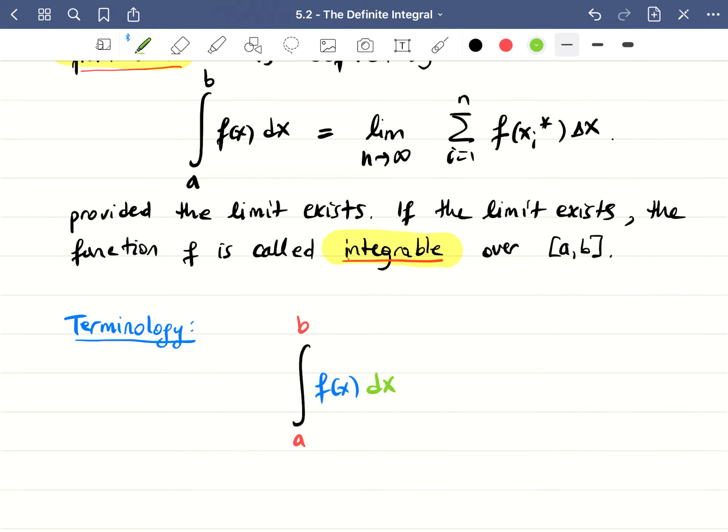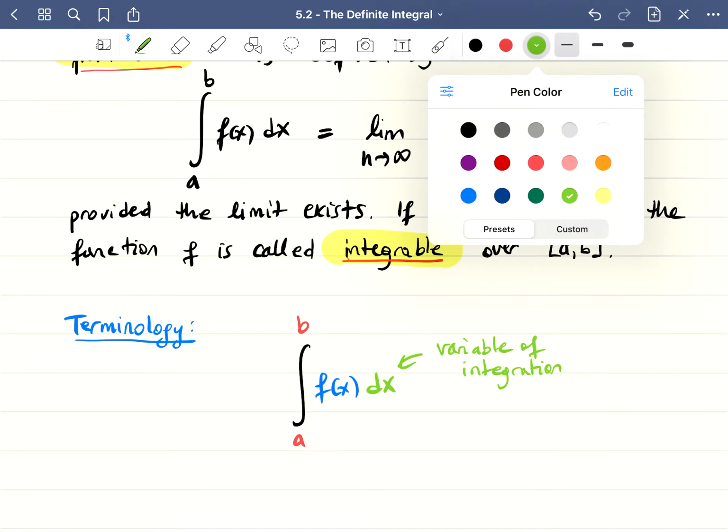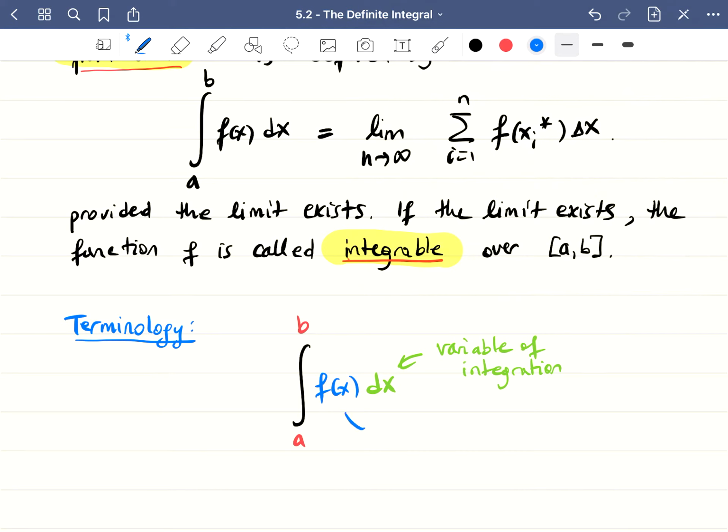Okay, so this is called the variable of integration, and this function is called the integrand. And these limits, these values a and b, are called the limits of integration or bounds.